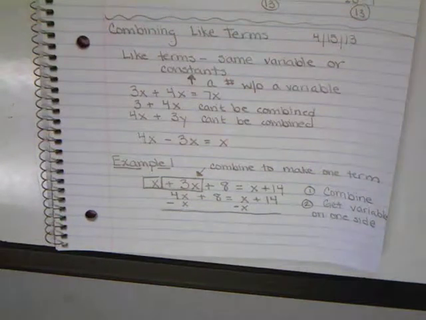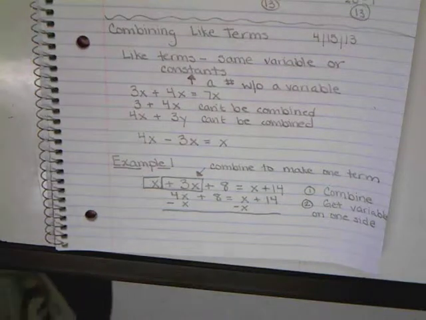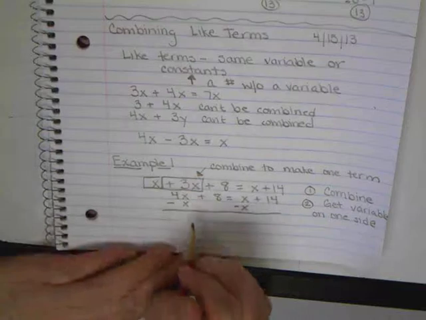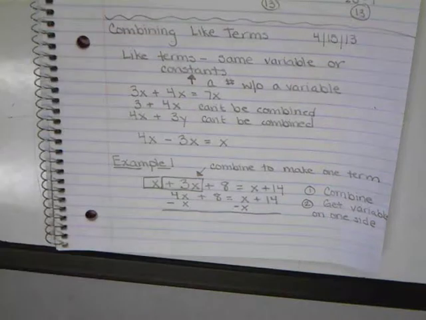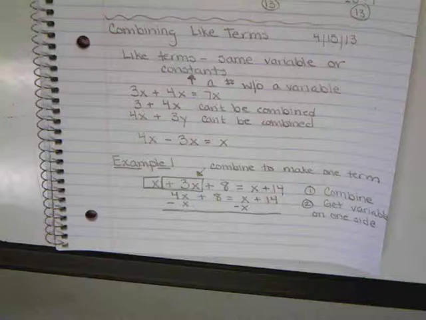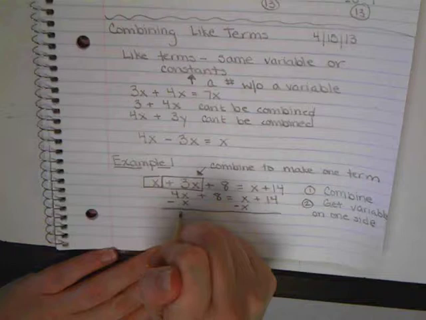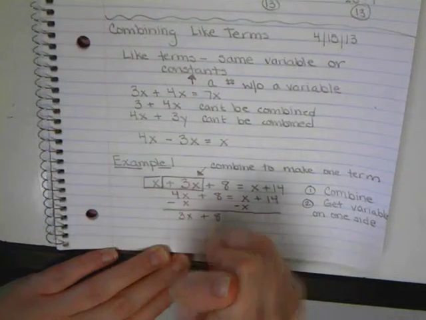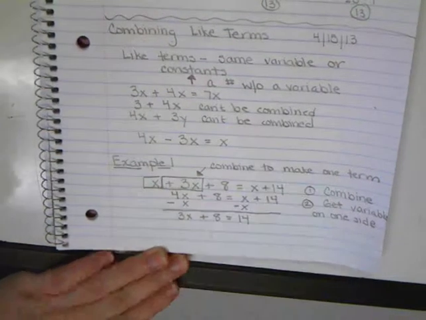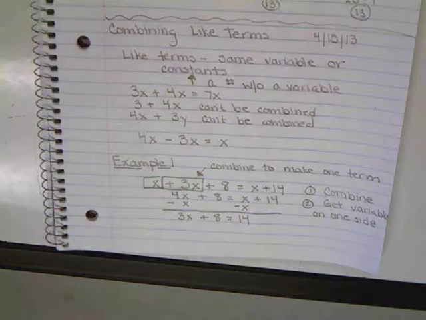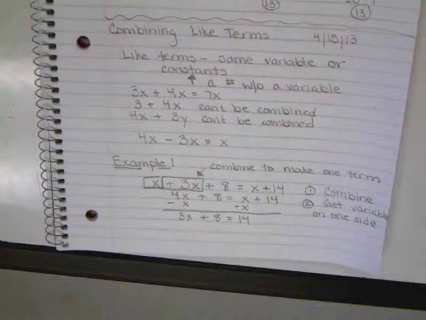What do I have left on the left side of my equation now? I haven't rewritten my new equation yet. Good. 3x plus 8 equals 14. So now I have a new equation. It's a two-step equation. What do I do next?